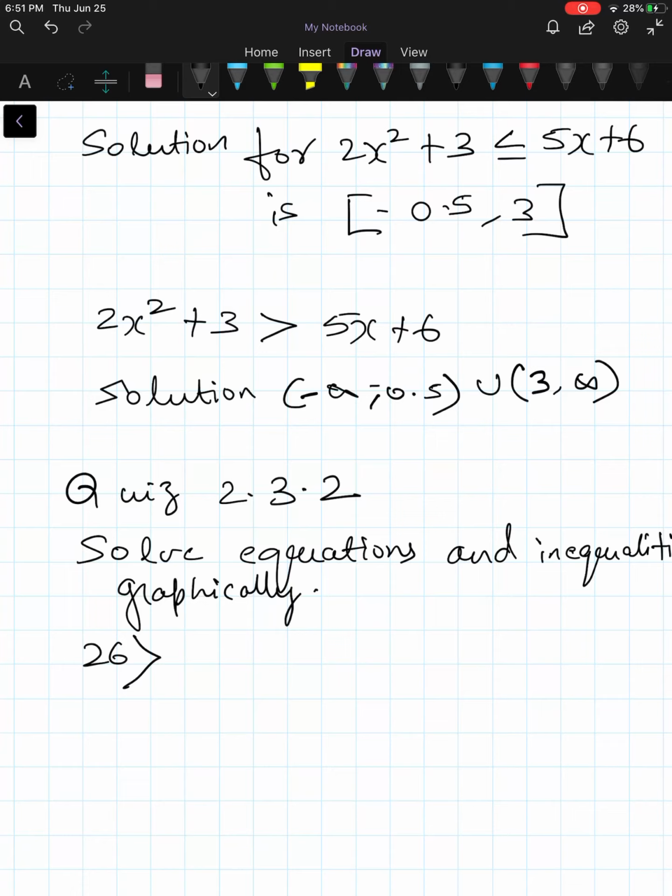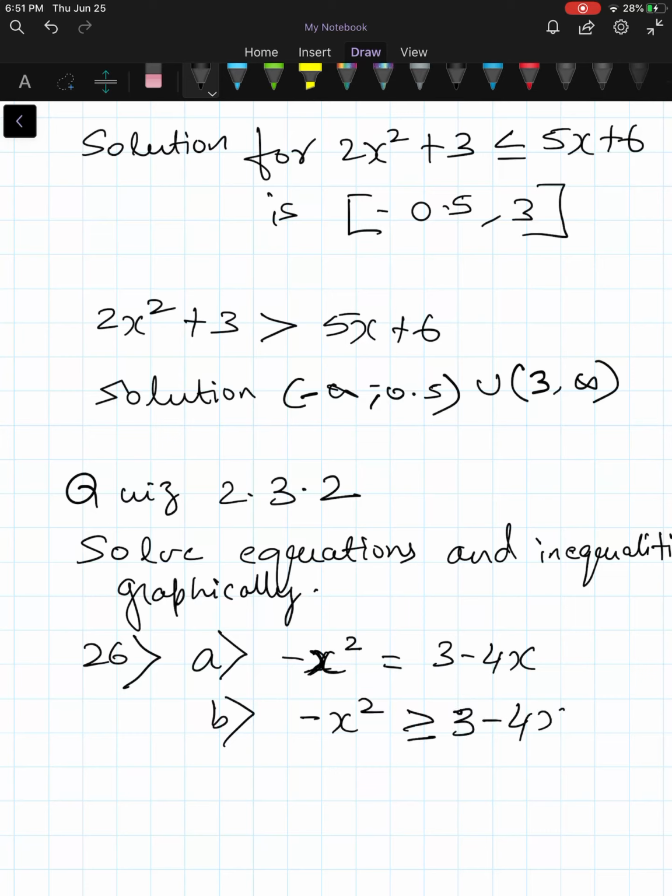so you can plot the values, draw the graph. I need to see the table of values for this graph, so plot the graph and find out where exactly it intersects. A: x square is equal to 3 minus 4x. B: x square greater than or equal to 3 minus 4x.